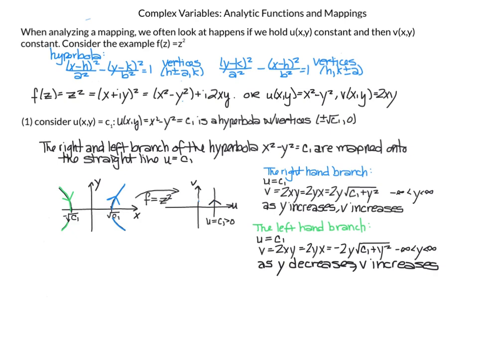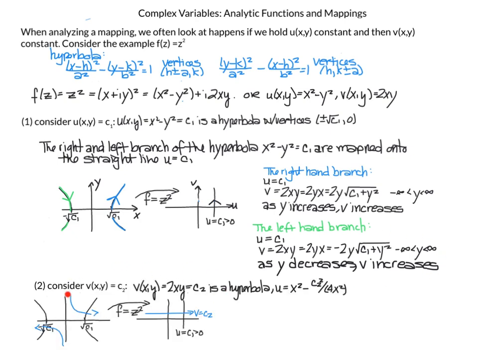So you can see this increases as y decreases. So this is the arrow I have here. So we have v increasing on this branch as y decreases. So that's what this arrow here is indicating.